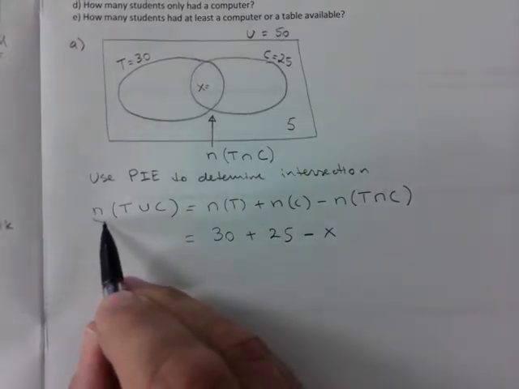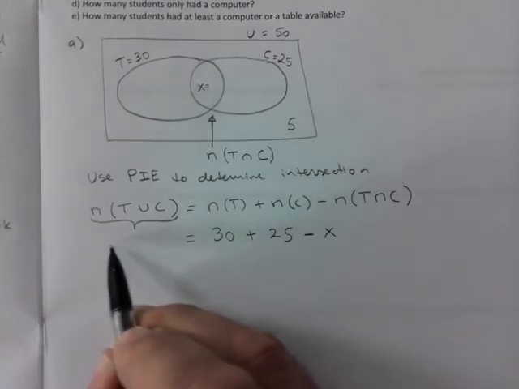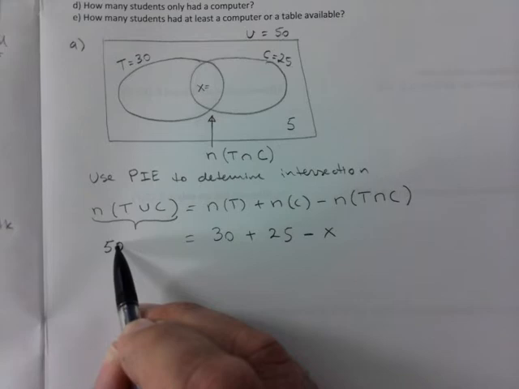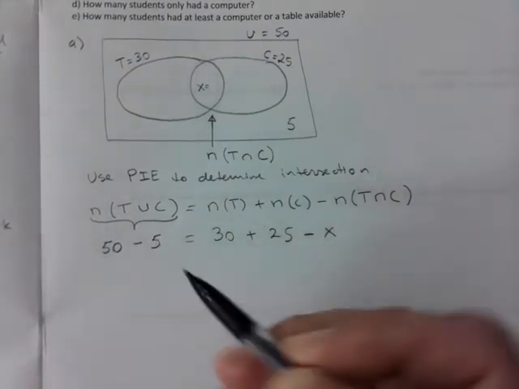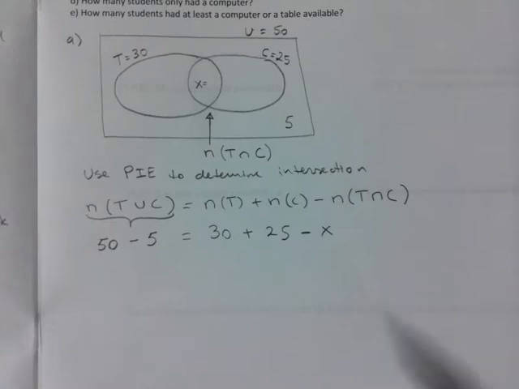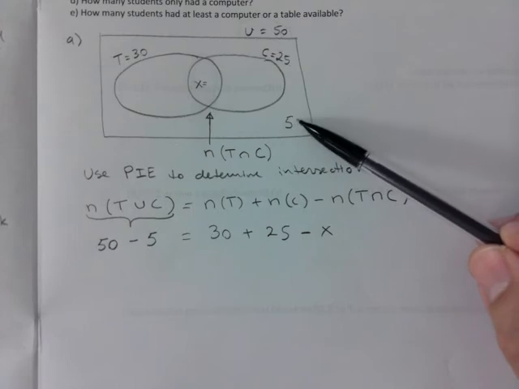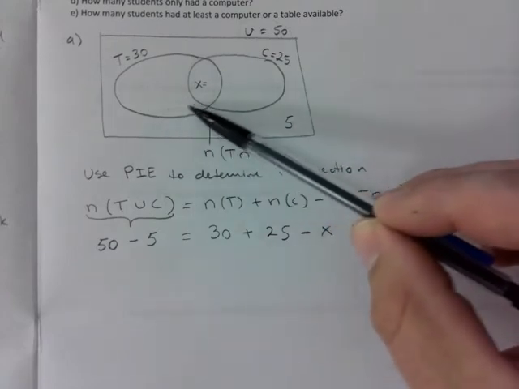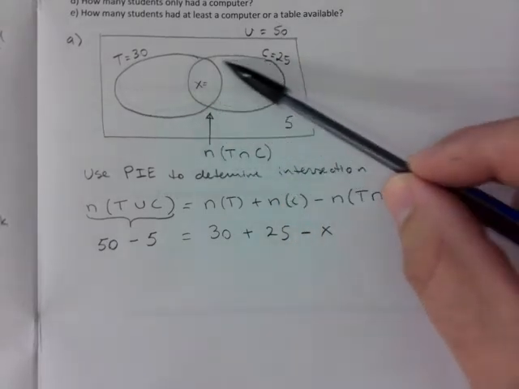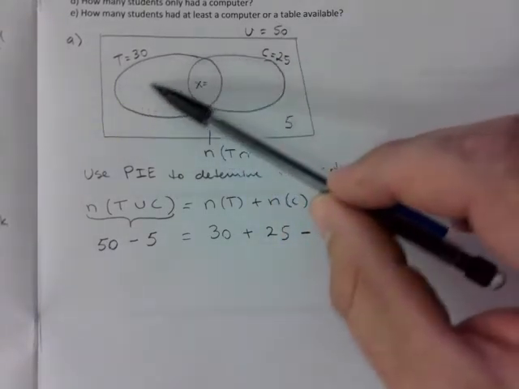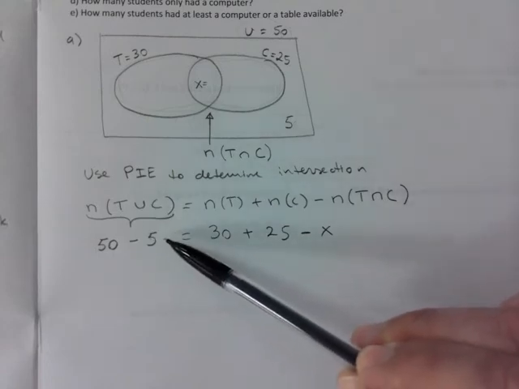To get this part, we take the universal and subtract the number of outliers. Because think about it. If I know that there are 50 families and I subtract 5 from the universal, it leaves me with whatever is in here when I unite them. Everything else must be inside these two sets.